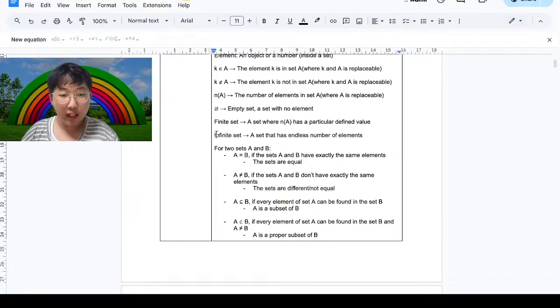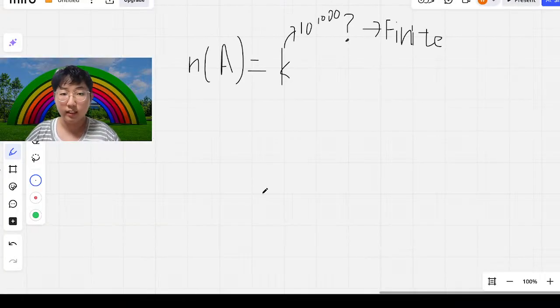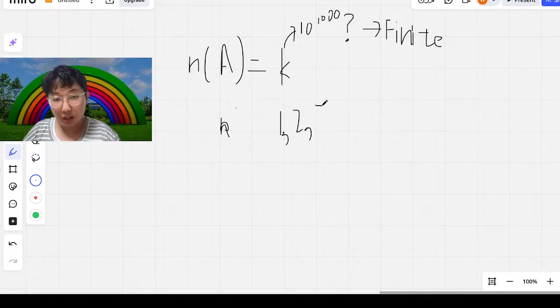So then what kind of sets are infinite? We know that it means it has an infinite amount of elements, or is endless. Well, the simplest example would be the set of all natural numbers. So you go 1, 2, 3, 4, and then dot dot dot, as big as you want.